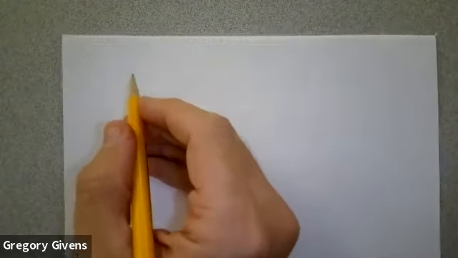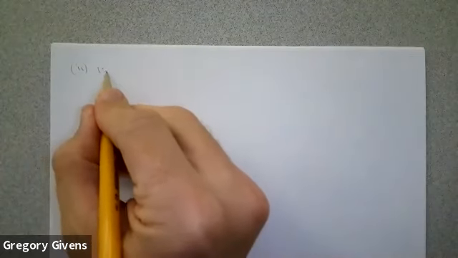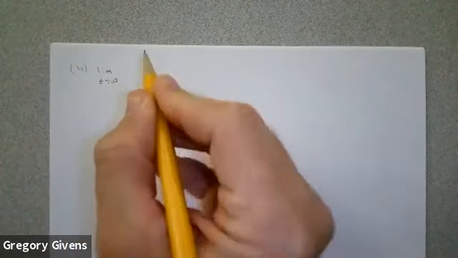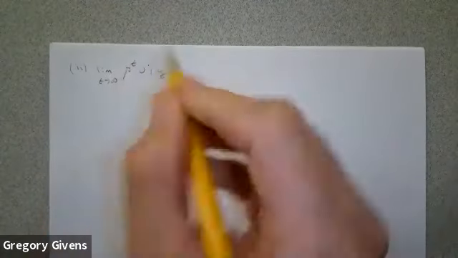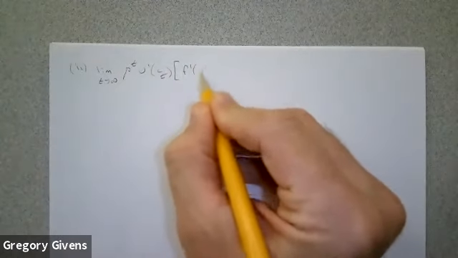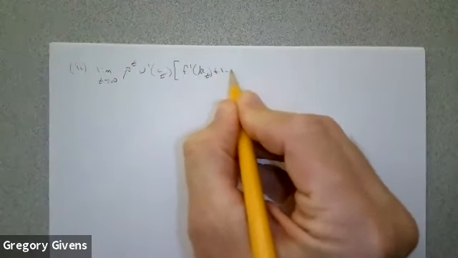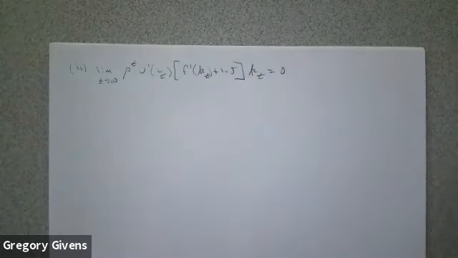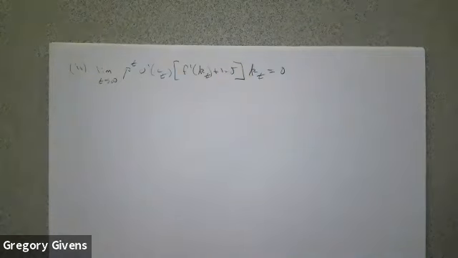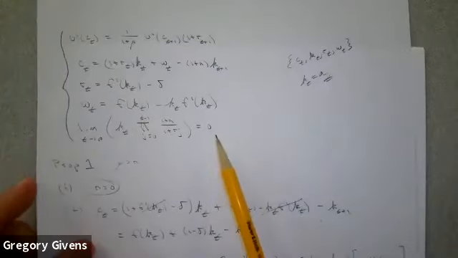What we want to do is show that the transversality condition in the optimal growth model, which says that the limit as t approaches infinity of beta to the t times U'(ct) times (F'(kt) + 1 - delta) times kt equals 0, implies or is equivalent to the no Ponzi game condition right here.